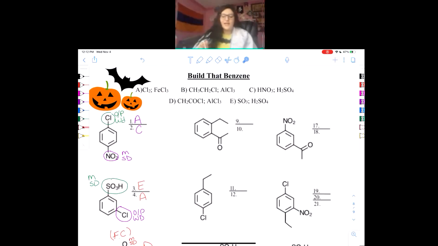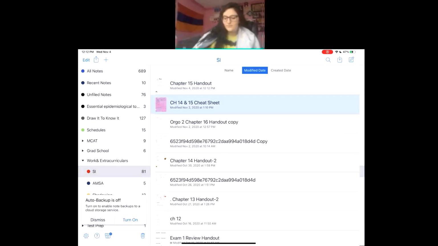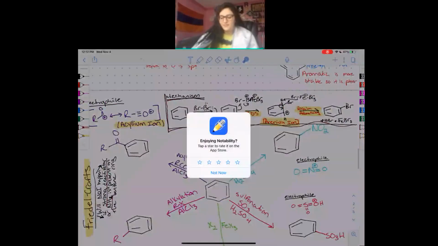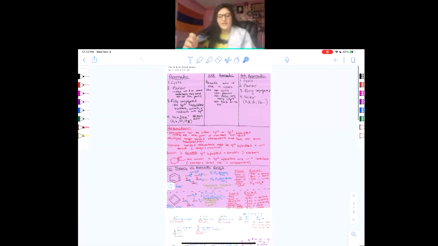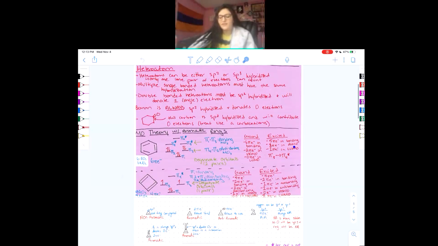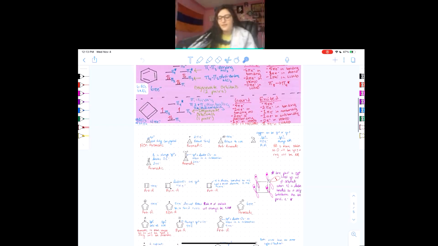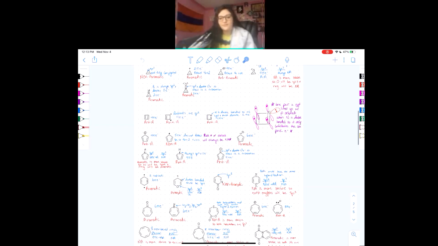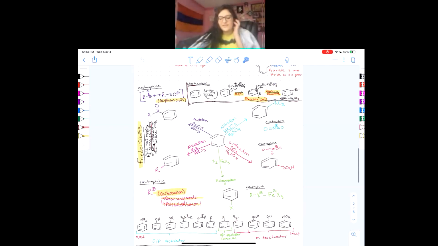Okay, so I sent you guys this cheat sheet that was basically just the rules of aromaticity, and then those extra rules, and then MO theory, and then a whole bunch of examples. And then we went into 15, and I gave you guys this little diagram that has all of the reactions, the little mechanism, and the little Friedel-Crafts points here.